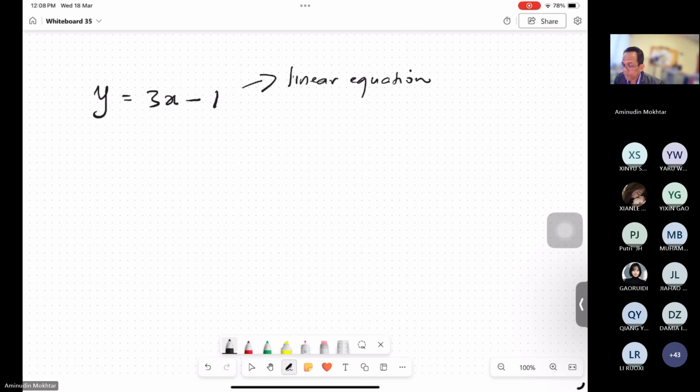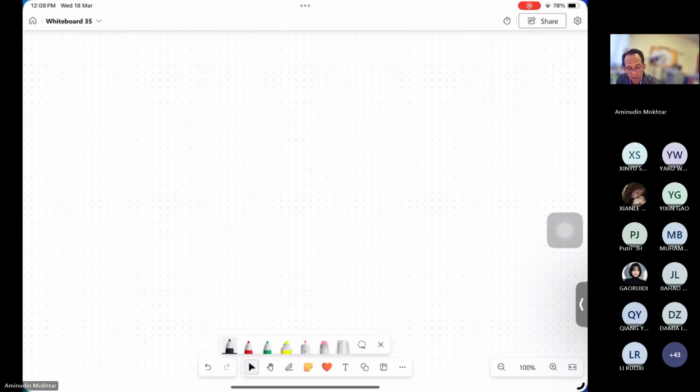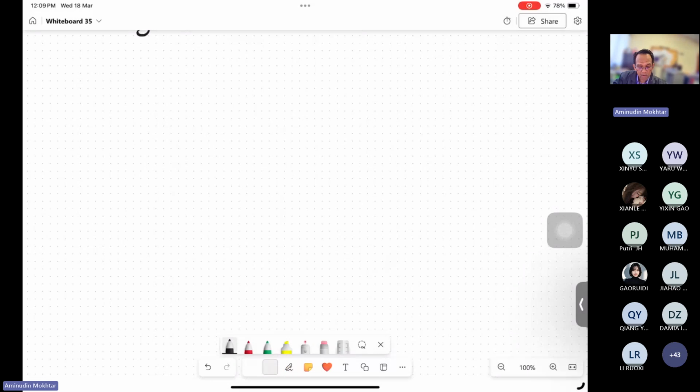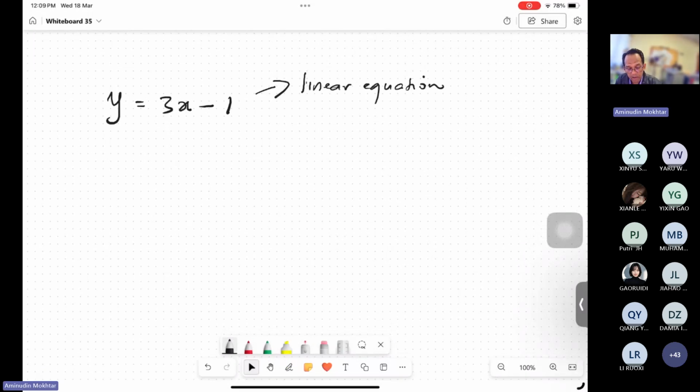In this equation, our focus now is on y and x. We have y here and also x. For example, we write y equal to 3x minus 1.